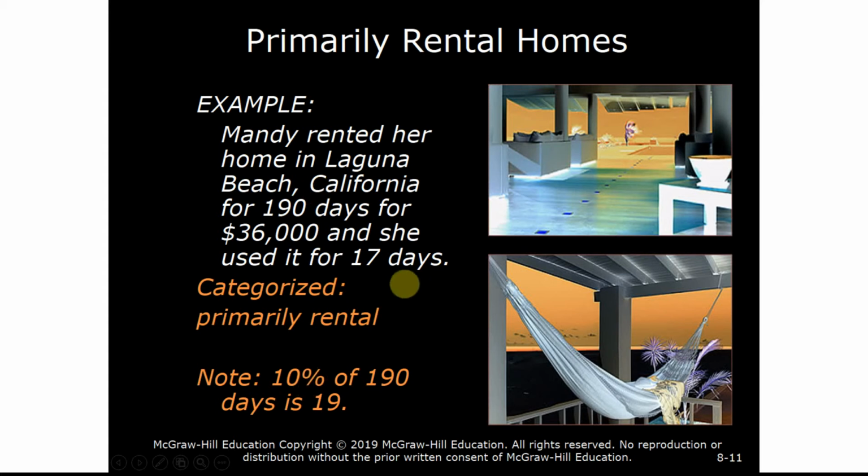So was it used for personal purposes for 19 days? In this case, it was not. It was only used for 17 days for personal purposes, which is below that 10% threshold. Therefore, this is a primarily rental property.